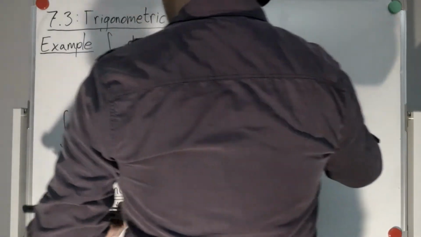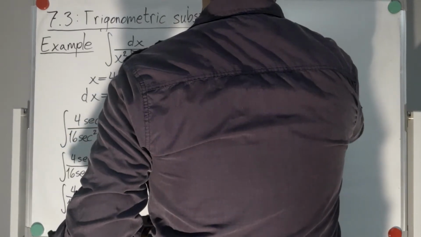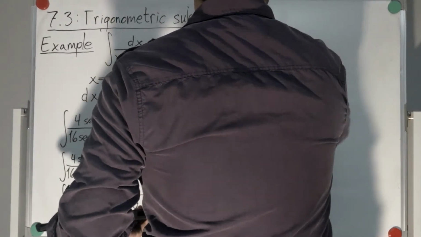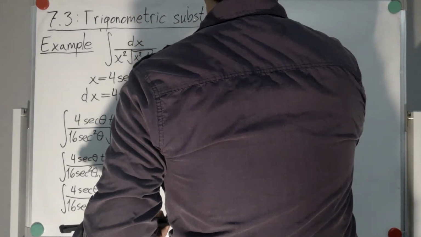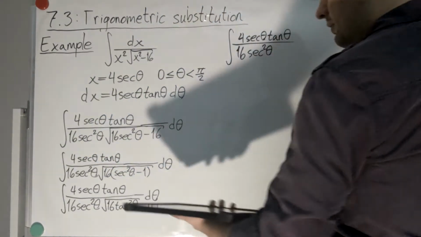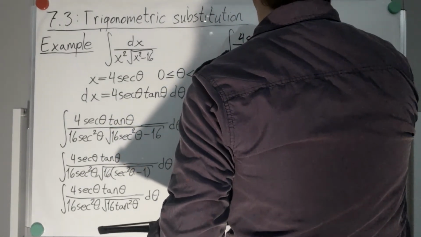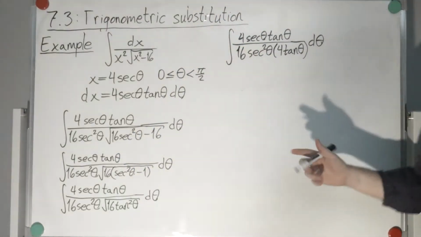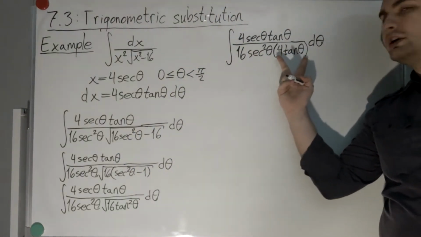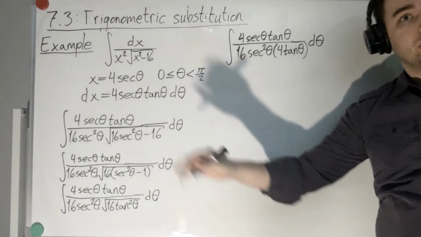So this whole thing just becomes the integral of 4 secant theta tangent theta divided by 16 secant squared theta times, okay, I guess that'd have to be 4 tangent theta d theta. And again, strictly speaking, these could have absolute values, but since we're choosing theta like this, it's not going to matter.